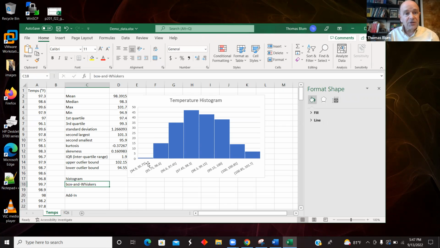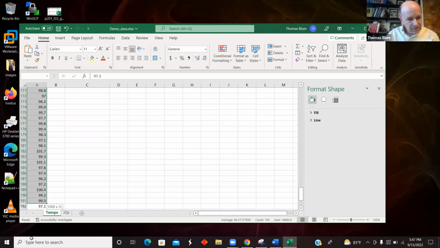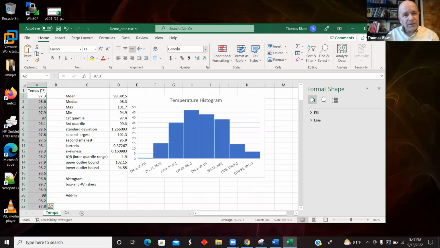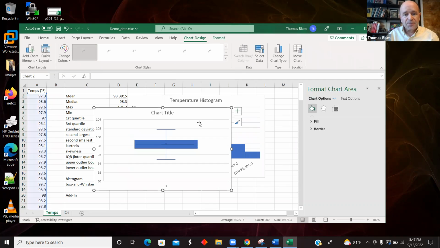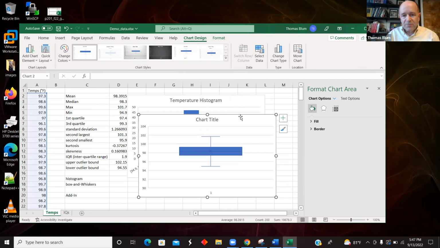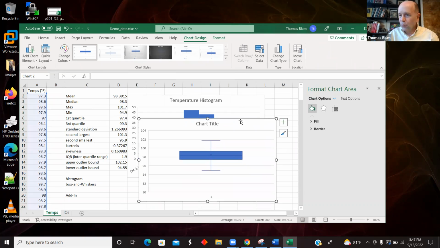Another common statistical graph. So again, let me highlight the data. Another common statistical graph, under insert statistical graphs, is the box and whisker. Sometimes it's useful when you're comparing one distribution to another, but it also collapses a number of these measures into one visual picture.